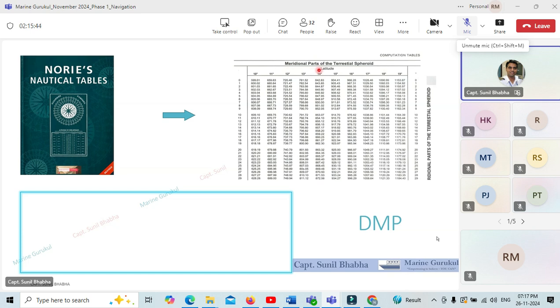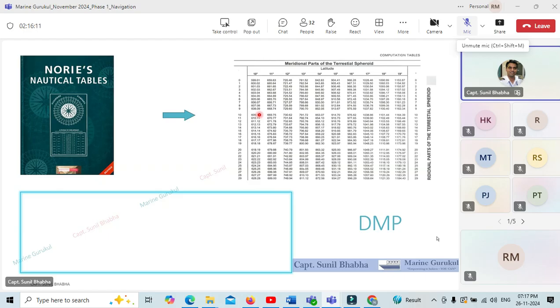In this table, the latitudes are mentioned on top on the horizontal axis. You have all the degrees of latitude, and you see the minutes mentioned on the vertical axis. So you enter with the latitude of the place. For any particular latitude, you can read the meridional parts from this table.